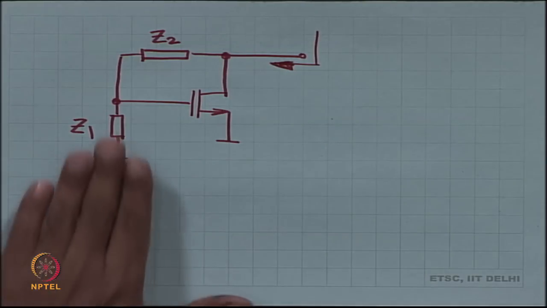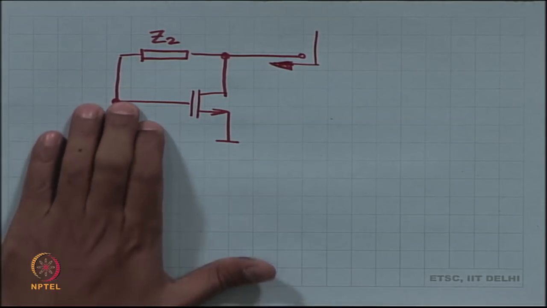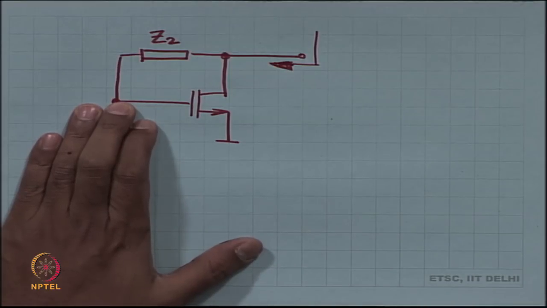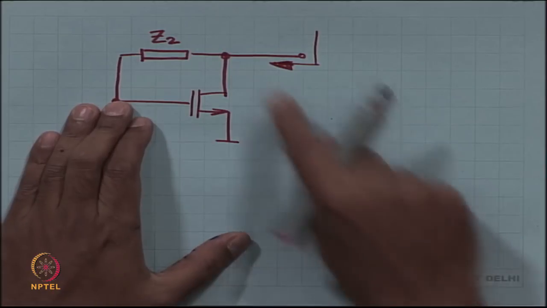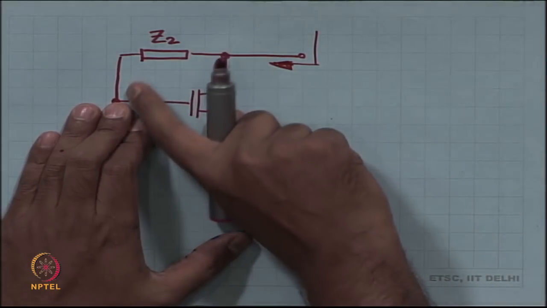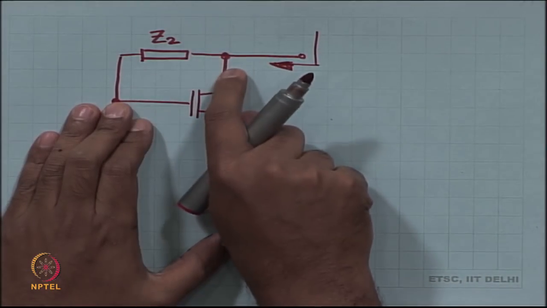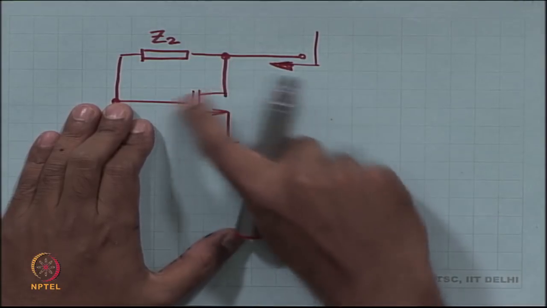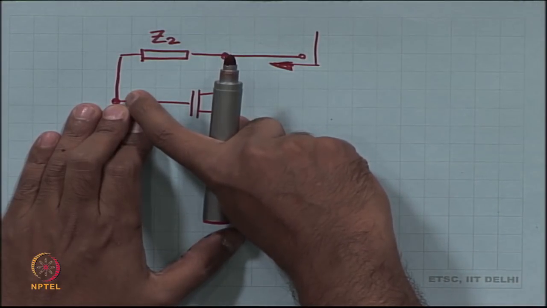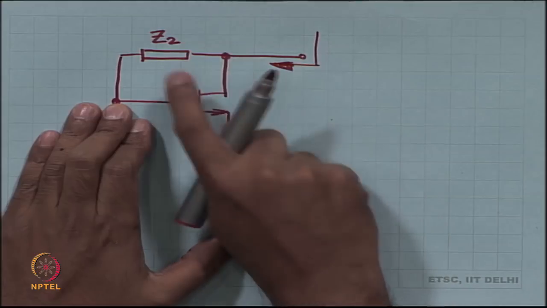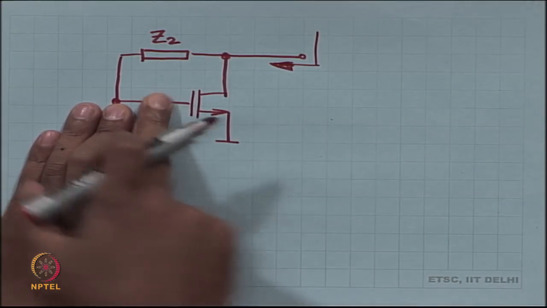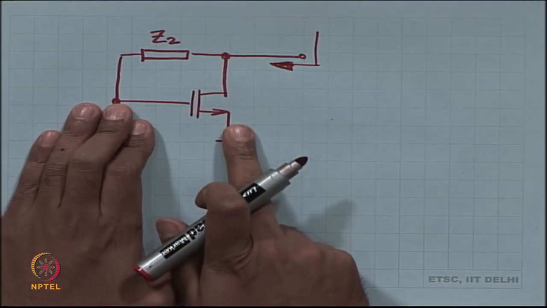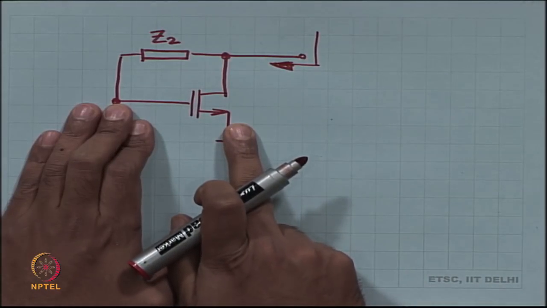Think for a moment. Let us say Z1 was not there, open circuit, Z1 let us say is very large. If Z1 is very large, then no current flows through Z2, then the voltage over here and the voltage over here are equal. So, if I apply V over here, I get V over here.